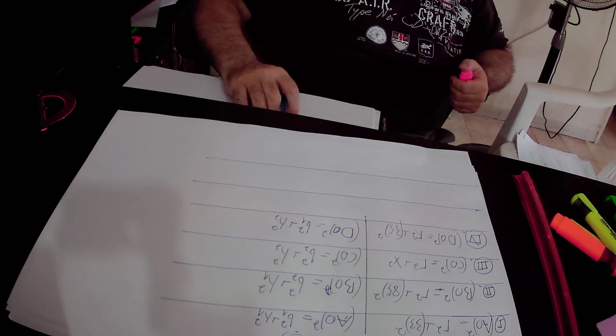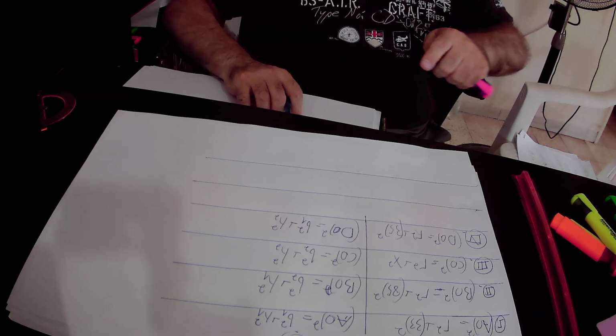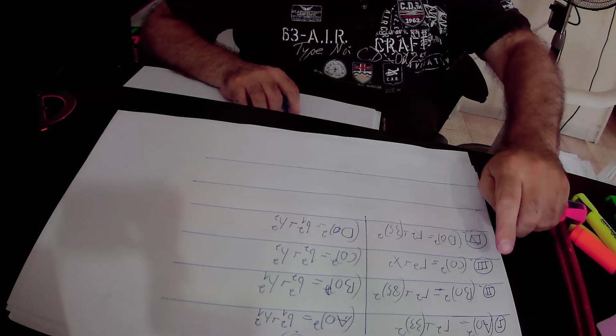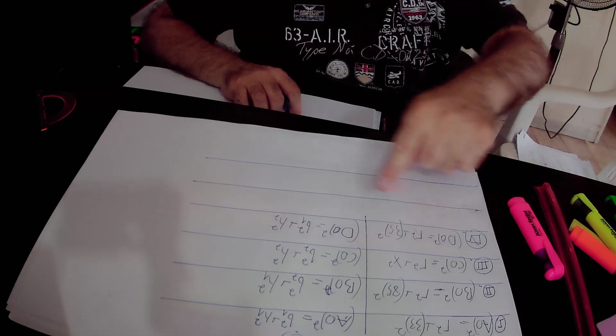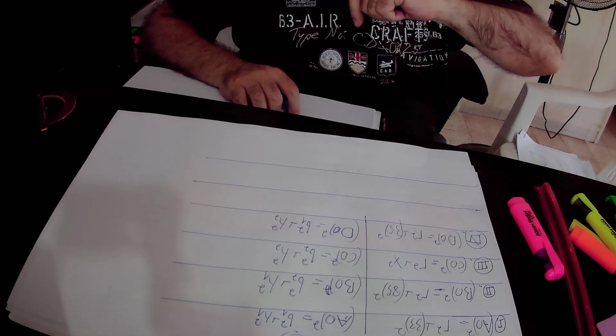So here we have two different expressions for AO squared, two different expressions for BO squared, two different expressions for CO squared, and two different expressions for DO squared.